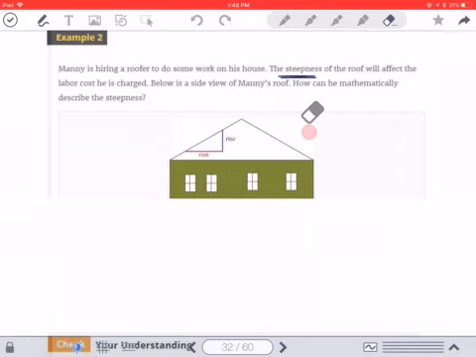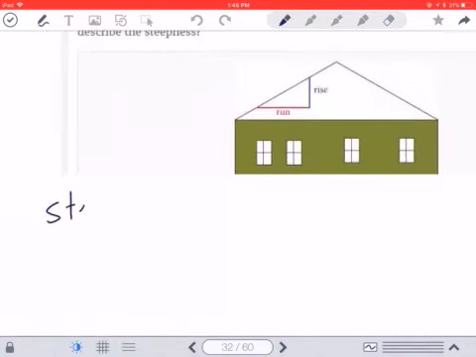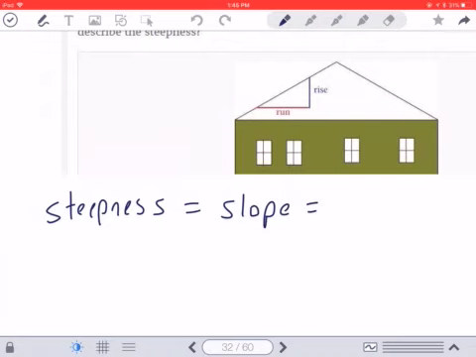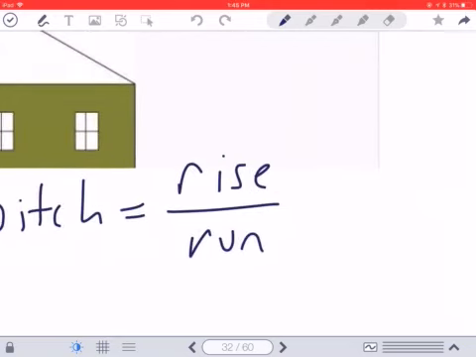How can he mathematically describe steepness? Well, steepness is the exact same thing as slope, which you can also call pitch, which is rise over run, which is the change in y over the change in x.